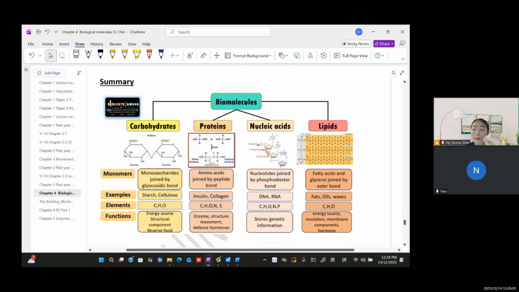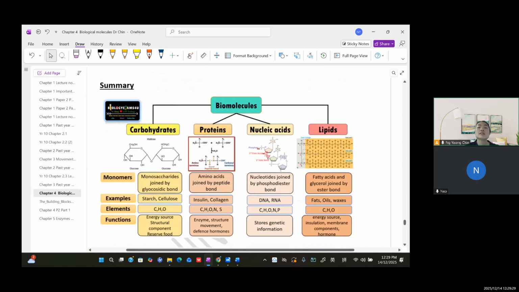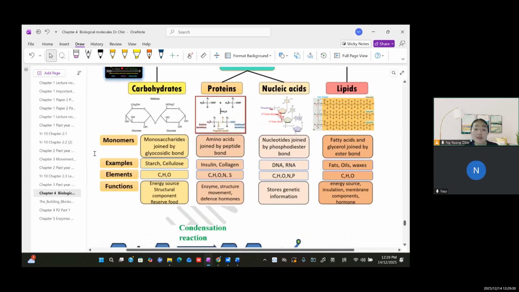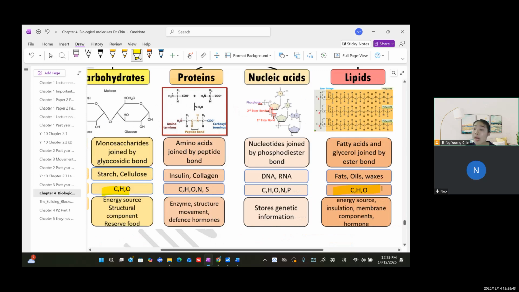Just remember that biological molecules refer to molecules that consist of carbon and hydrogen. So sometimes the question asks about elements, for example: state the elements in the carbohydrate, in the protein. This is what you should write. The carbohydrate and the lipid are the same: they have carbon, hydrogen, oxygen.